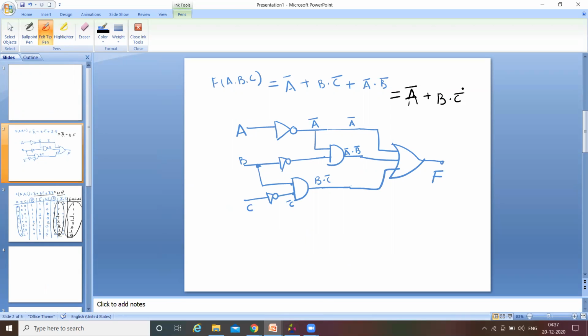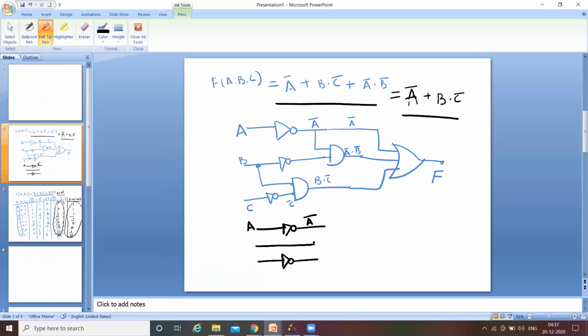So previously we proved that this function is the same as this function. Therefore, I only require a complement here. This is the input A, and the output of this NOT gate is A complement. Next, B and C: I require only the B line, and for C I require a complement, so I'll take another NOT gate and draw B dot C bar.